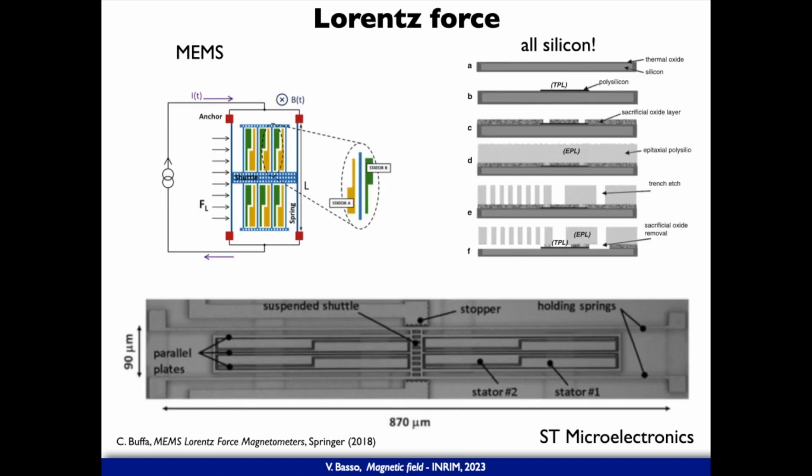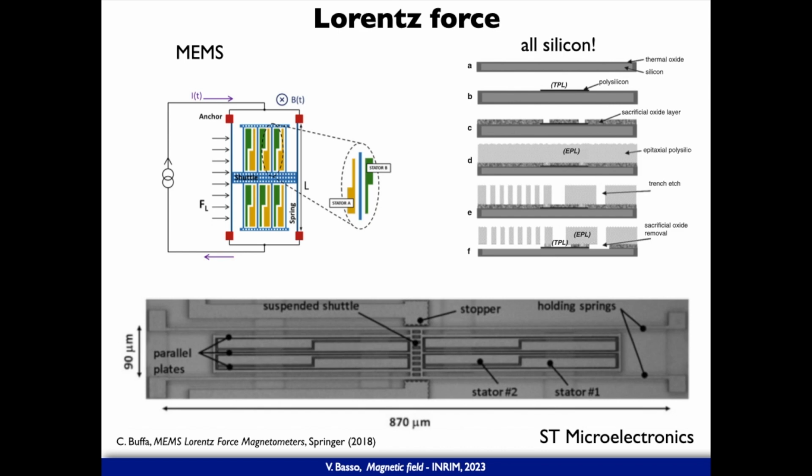To have an idea, we cannot go too much into the details, but essentially these moving parts are built and grown into the silicon by some very special method. Then by looking at the change in the mechanical resonance frequency of these moving parts under a magnetic field, one can measure the Lorentz force, and therefore the magnetic field.